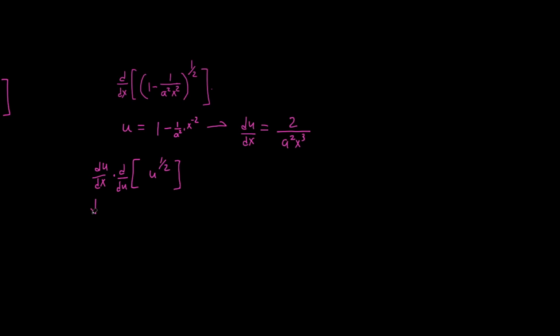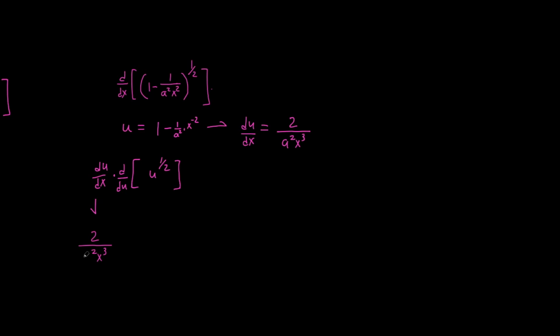So we can write that here. du/dx is equal to 2 over a squared x to the third.